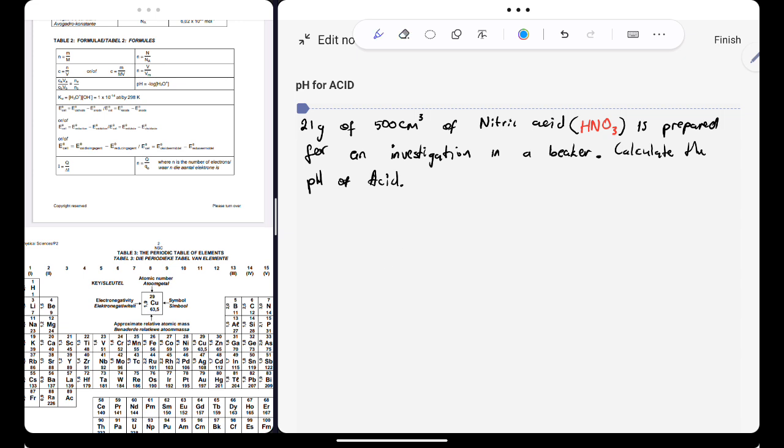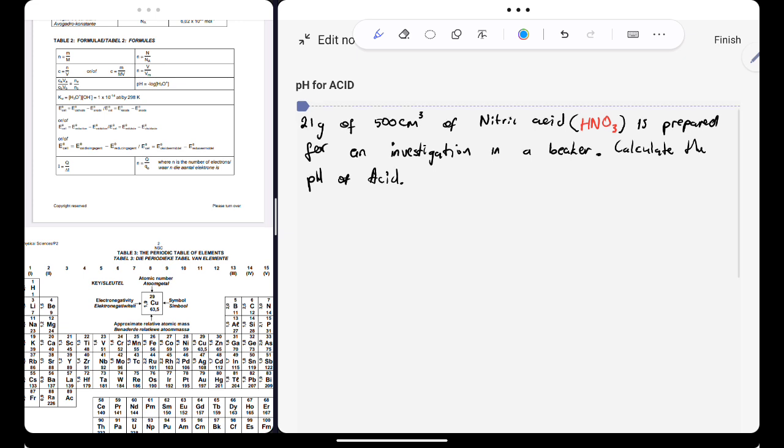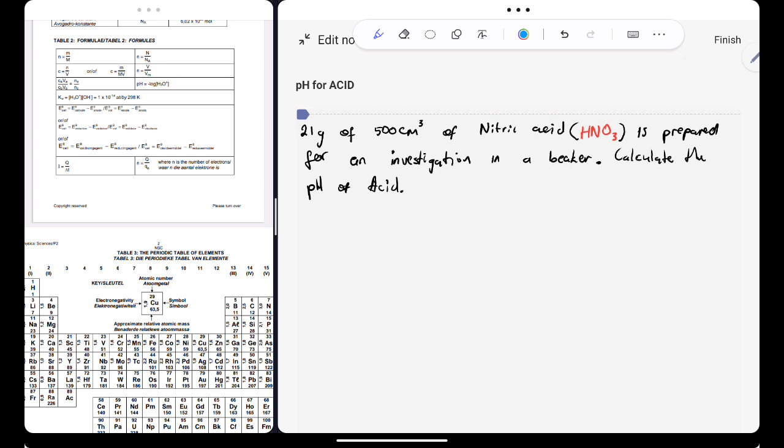We are told that 21 grams of nitric acid in 500 cubic centimeters is prepared for an investigation in a beaker. Calculate the pH of the acid. The first thing I must do is calculate the number of moles of my acid, then use stoichiometry to find the number of moles of the hydronium ions, then find the concentration, and then the pH.